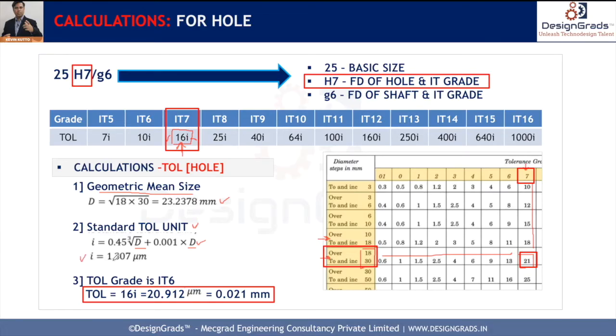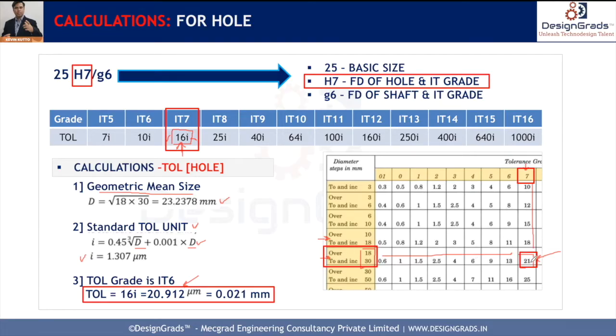Now once you find i, which is 1.307 micrometers, you have to use the multiplication factor. Now we know it is 7th grade, so 16 is the multiplication factor. So 16i means 16 into 1.307, which comes to 20.912 micrometers, and if you round it up, it will come to 0.021 millimeters, which is nothing but 21 microns. Which is the same figure which we got here.